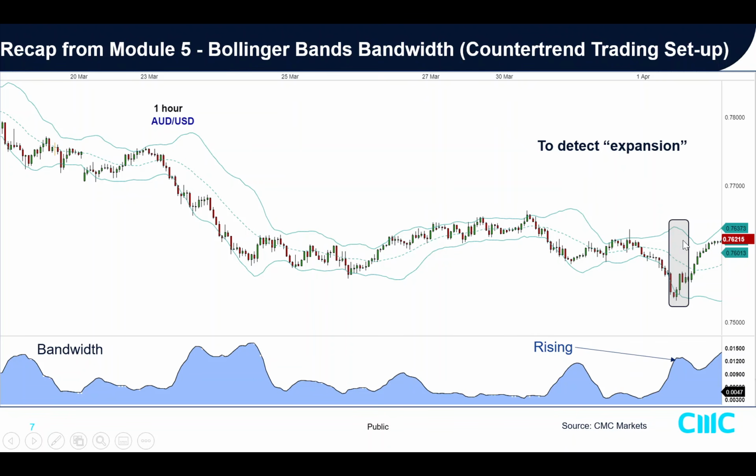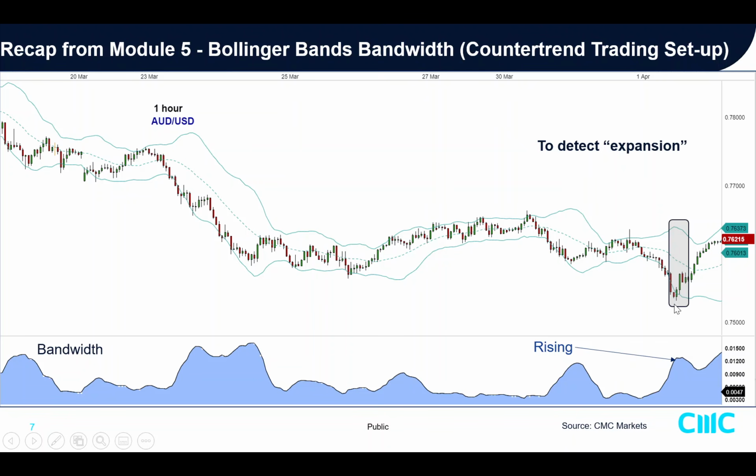At this point in time, this 1-hour Aussie dollar is trading in a downtrend, and right now it has hit a spot where volatility starts to expand. That means this particular downtrend is overstretched, as indicated by a rising bandwidth.